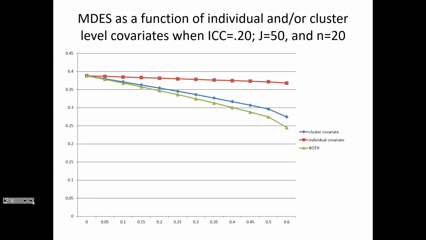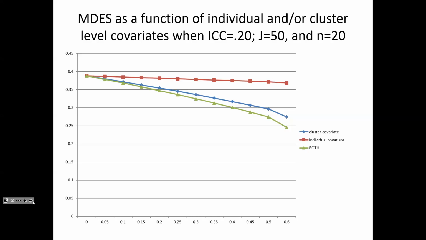The MDES is dropping a little bit. The cluster covariate, look what happens. As the ICC goes up, the cluster covariate is giving me much more bang for my buck than the individual level one. And here you can see adding both, yeah, okay, it's better, but it's not as much better as it was before when the ICC was 0.1. Does everybody see that? So yes.